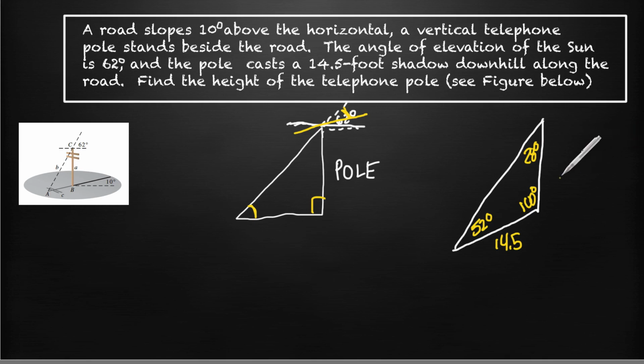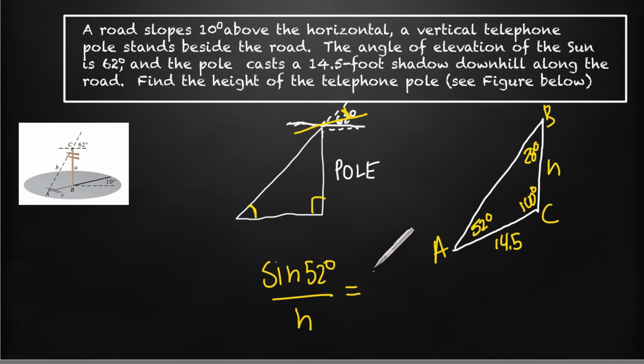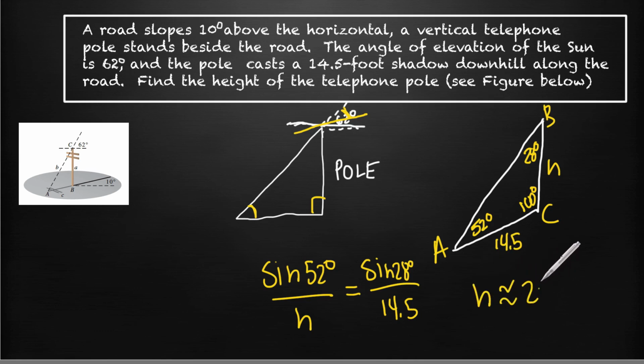So we are looking for the height of the pole, and we'll call this A, we'll call this B, we'll call this C. So we'll say sine of A, which is 52, over H is equal to sine of 28 over 14.5. We cross multiply and we get a height that is approximately 24.3 feet. And that would be the height of the telephone pole.